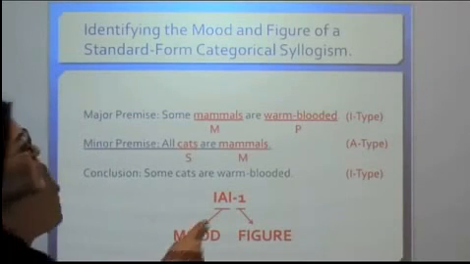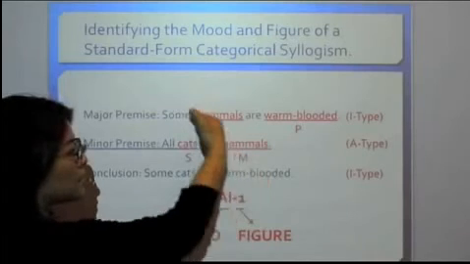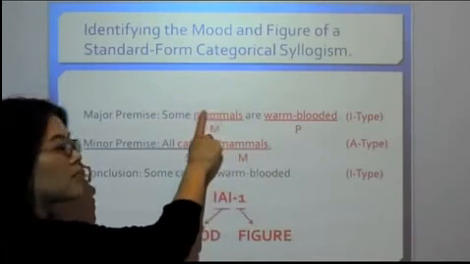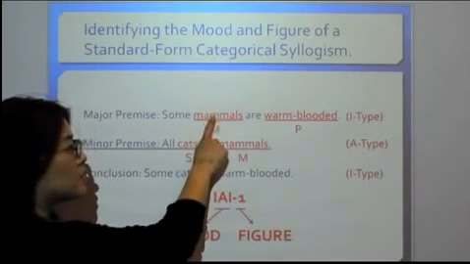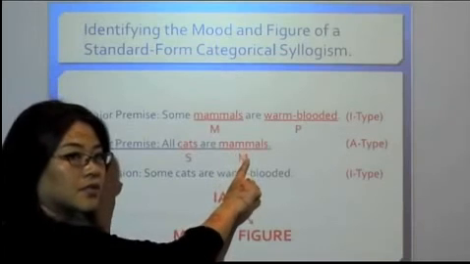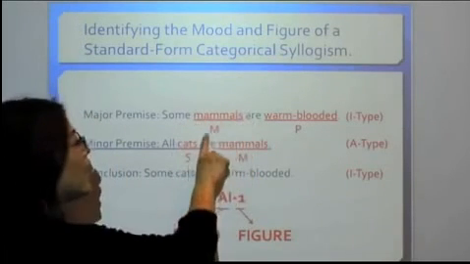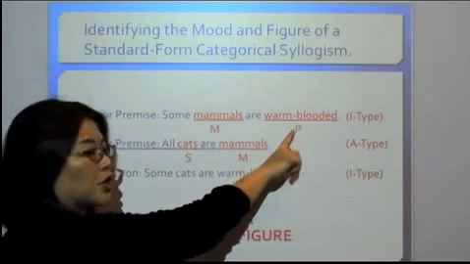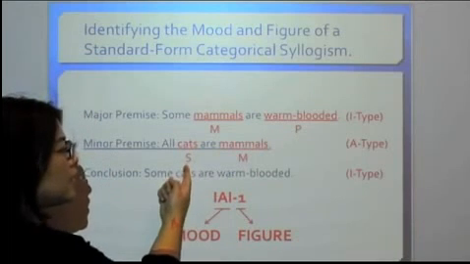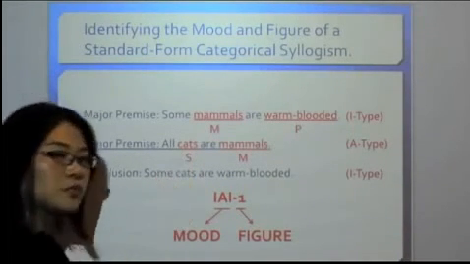And the reason for that is because if you notice, the middle terms go diagonal, okay, where in the major premise the M takes the first position, the subject term position, and then in the minor premise the M takes the second position, the predicate term position. And then in the major premise we have the major term, which is represented by the P in the second position, and the minor term occurs in the minor premise in the first position.